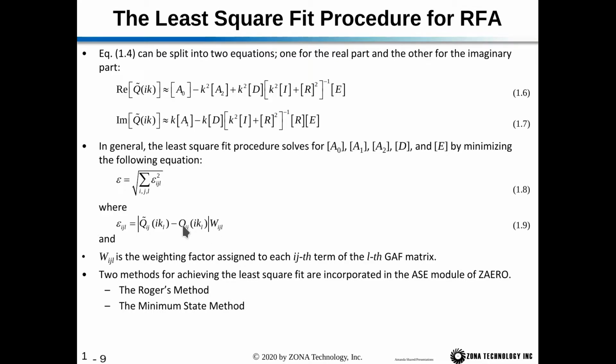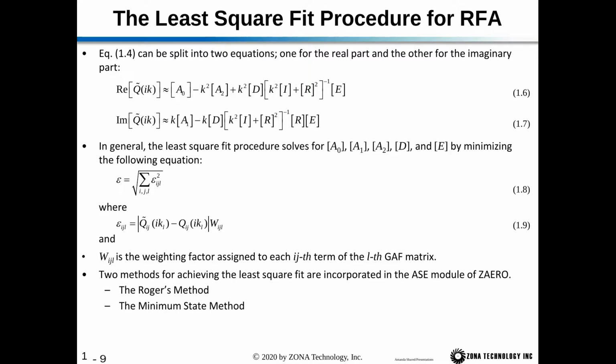So remember, Q of IK is the tabulated gaff value, and then Q tilde of IK is our approximated value using the RFA parameters. And this WIJL is the weighting factor assigned to each ij term of the gaff matrix.